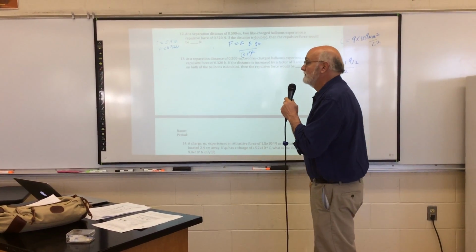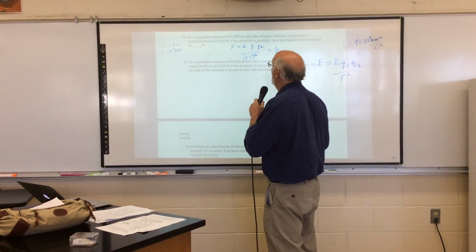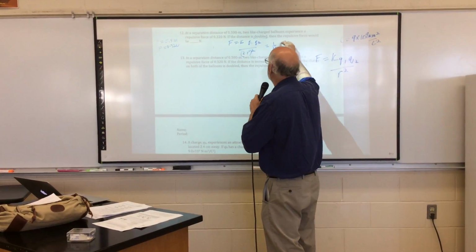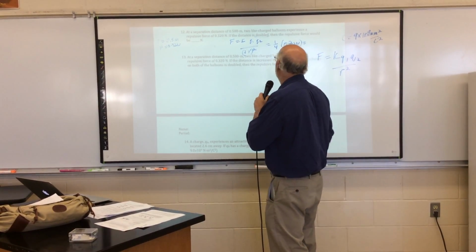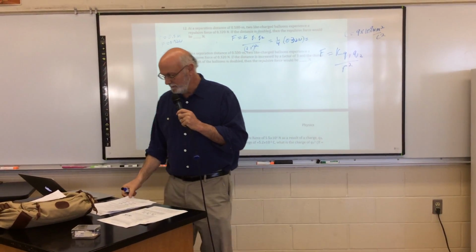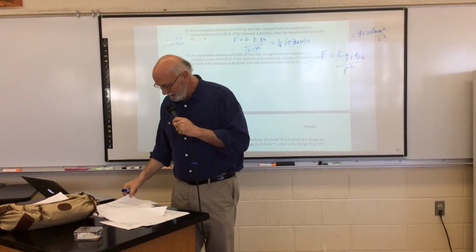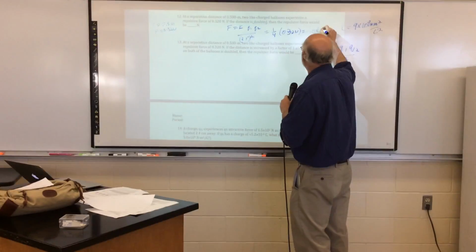Which means it is going to be 1/4 of whatever the 0.32 happens to be. Okay? And you're going to end up with about a 0.08 type thing. In fact, the number is 0.08. So you have 0.08 newtons.